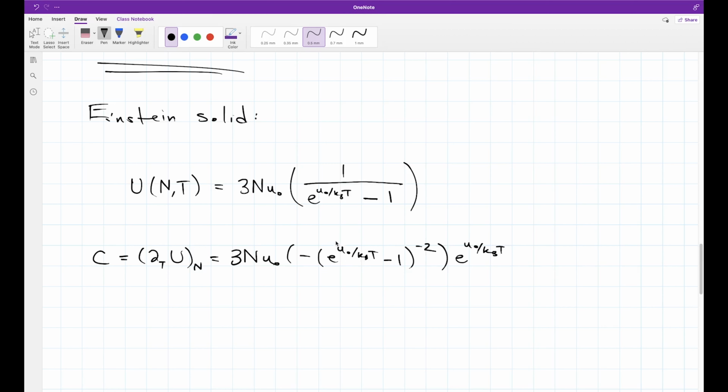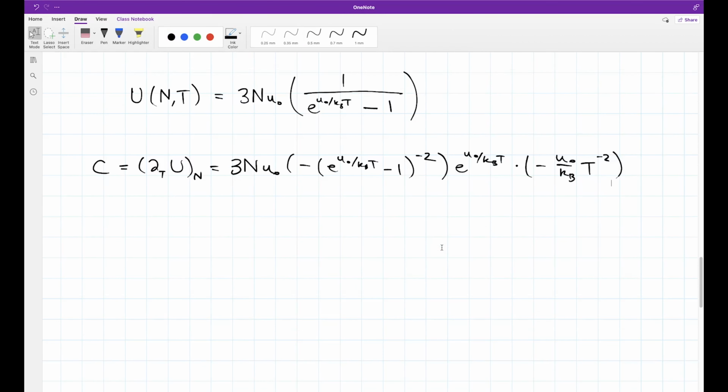All right, so what's the derivative of just this function here? Well, that is going to be minus u naught over kB, since those are constants, times T to the minus 2, since T was to the minus 1 here. Okay, good.